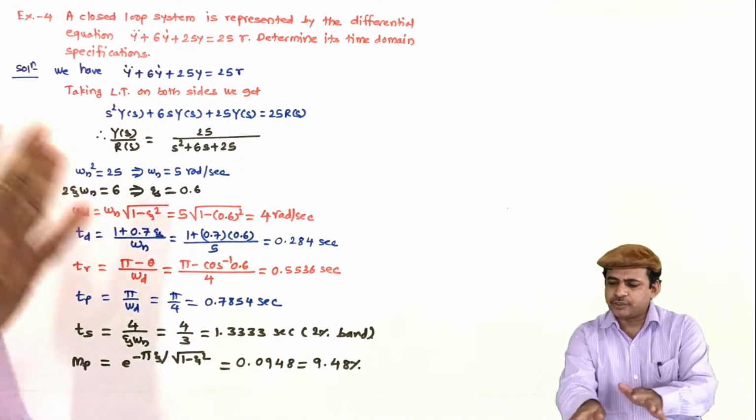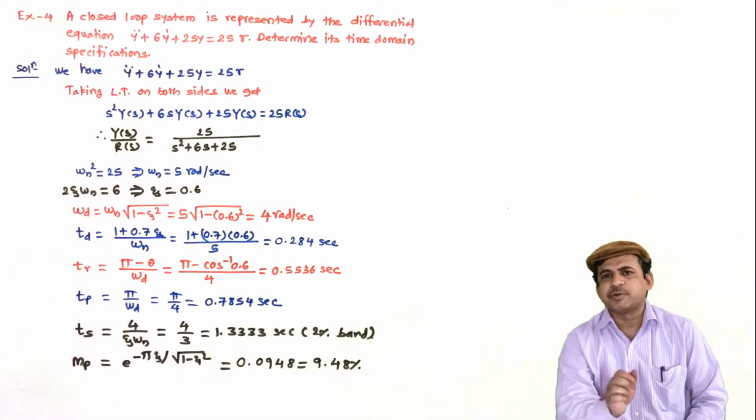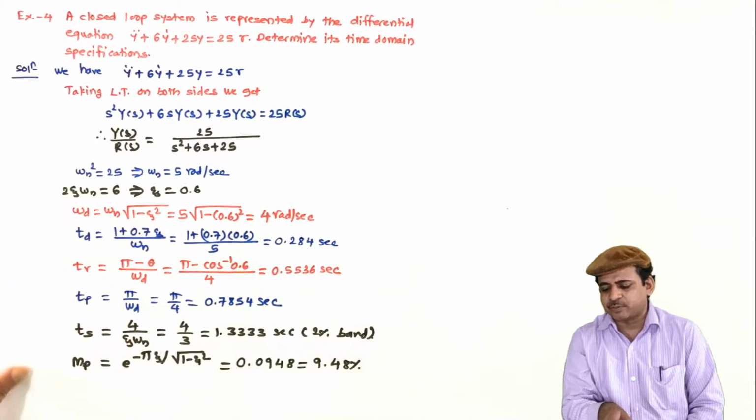Correct. So procedure is same. Just here directly the transfer function was not given. That was the variety. So first we obtain transfer function, else the procedure is same.